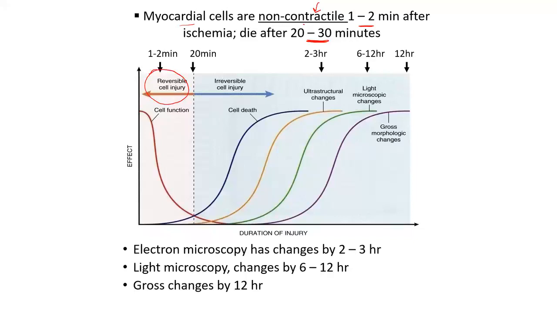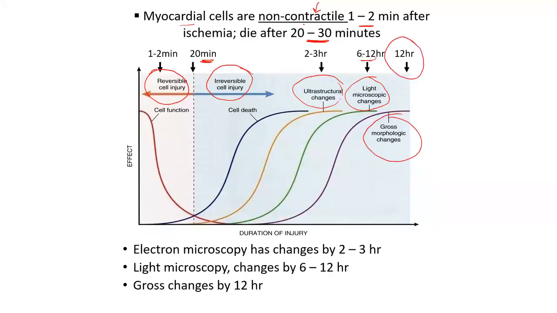Fine? So it starts by ischemia, and in this first half with reversible cell injury, you have diminished cell function within 2 minutes, and then after 20 minutes of complete ischemia, I'm going to pass into cell death, irreversible cell injury. This irreversible cell injury will start by changes in the ultrastructure, and then by the light microscope after about 6 to 12 hours, and then gross morphological changes by 12 hours.